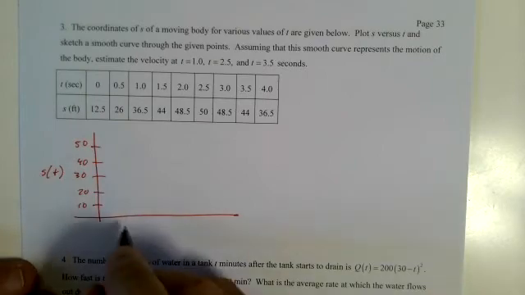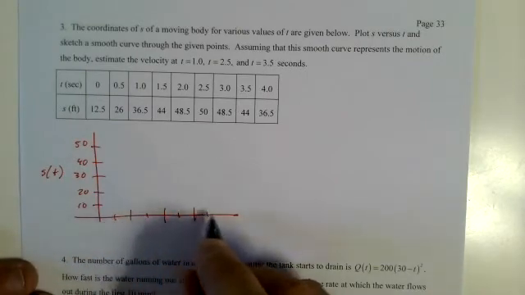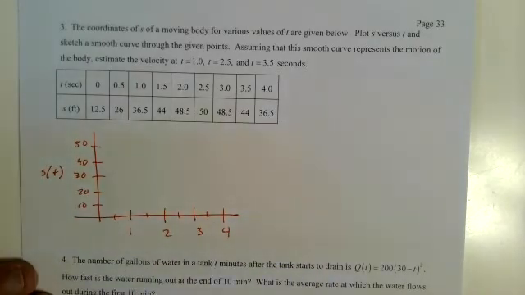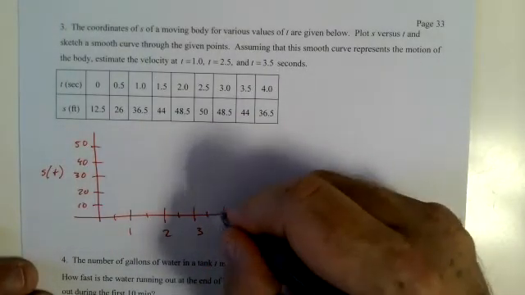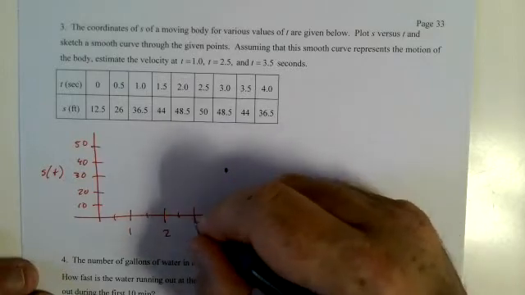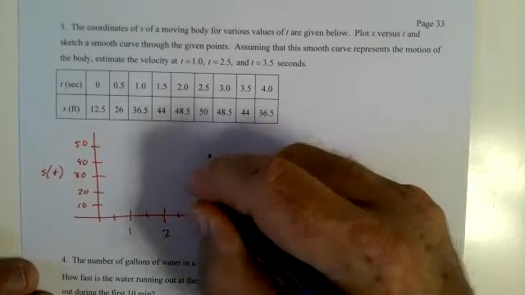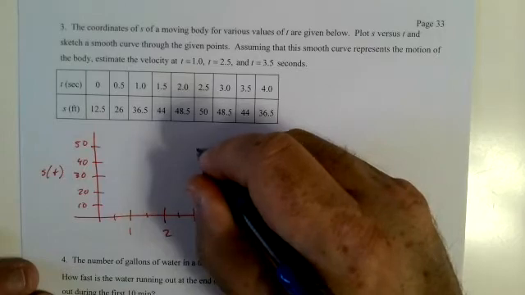Over here, 1, 2, 3, 4, 5. Do our best to fill in some points. 36.5 out there, 44 out there, 48.5 out there.